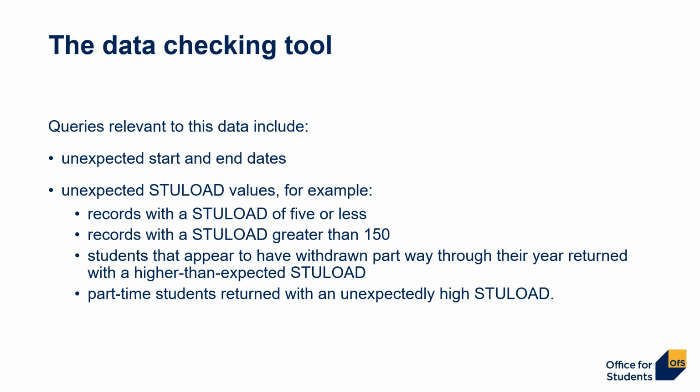We'll be looking at ones where it looks like the student's withdrawn partway through the year, but the STULOAD hasn't been reduced. And we'll be looking at part-time students as well that look to have a really high STULOAD. All things that we just wouldn't expect to see. Now, they may be legitimate and you can explain those, of course, but they're all there to help you check your data.